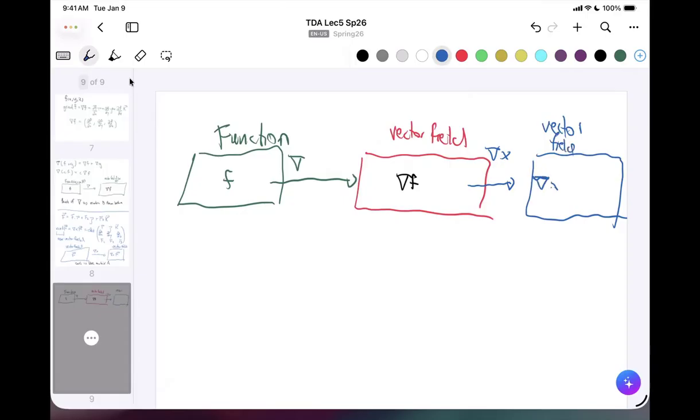So you're taking the curl of the gradient, okay? So this is the analog of A times B. I want you to think of that as A times B.